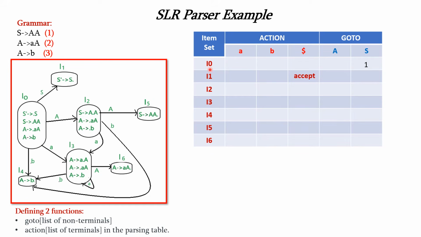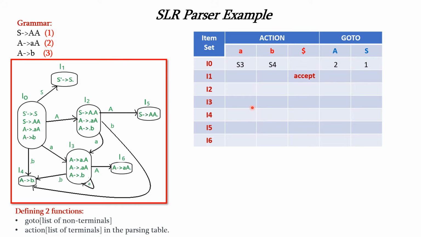So in row I0 on column A, we represent the item set number, which is 2. Next, I0 on small a makes a transition to I3. Whenever we are considering the terminals, we have to represent it as S3. So I0 on a, we make it S3. And I0 on b goes to I4, so mention it as S4 here.